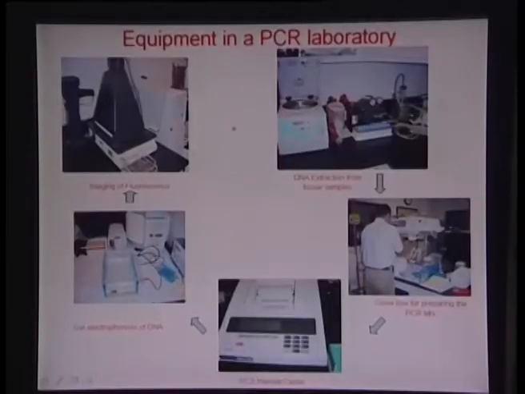So in a conventional system, as you know, in a laboratory you typically have a PCR machine. Initially you have a DNA extraction machine where cells are lysed and the DNA is subsequently captured on filters. You have a PCR machine illustrated here. This is what a normal thermocycler would look like.